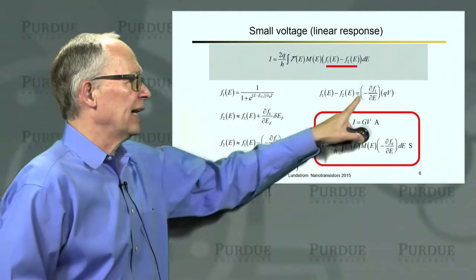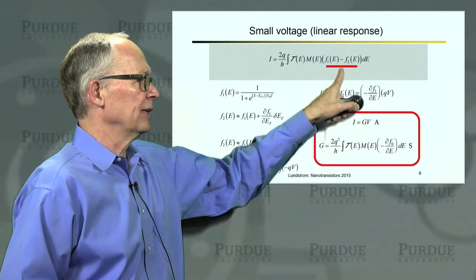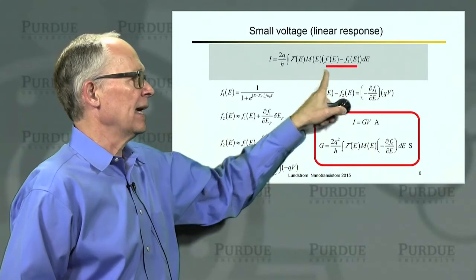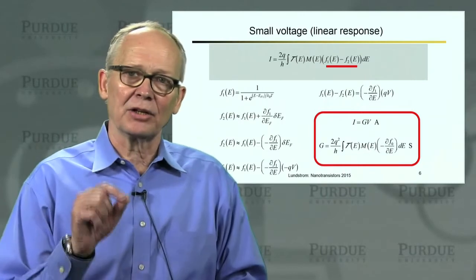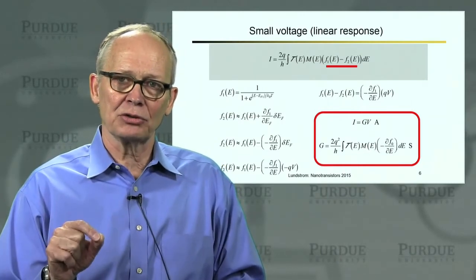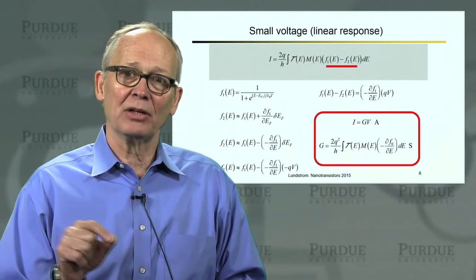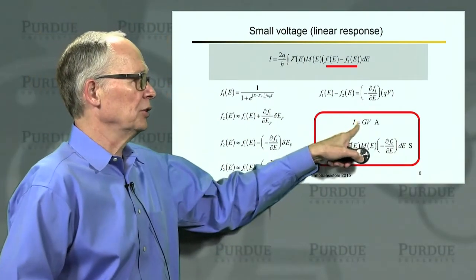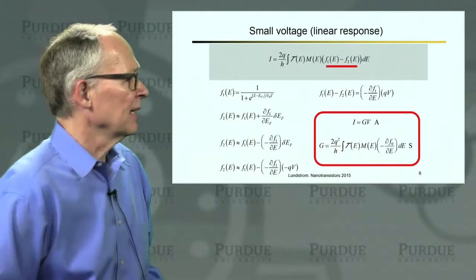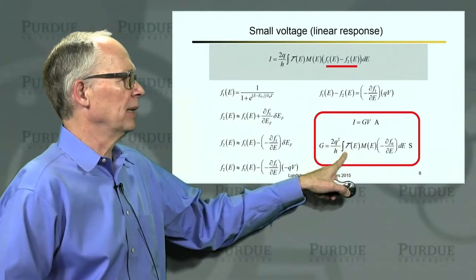Now if I take this and put it into this, and evaluate the expression, I find a current that is proportional to voltage. That's why we call this the regime of linear response. The constants out front would be the conductance, and the conductance would be given by this expression.